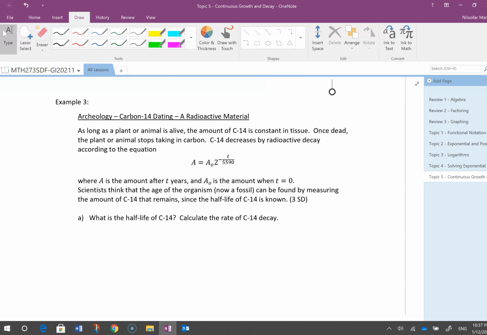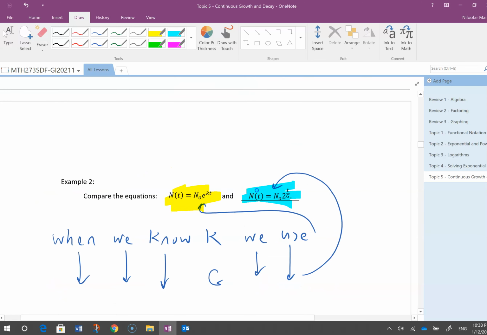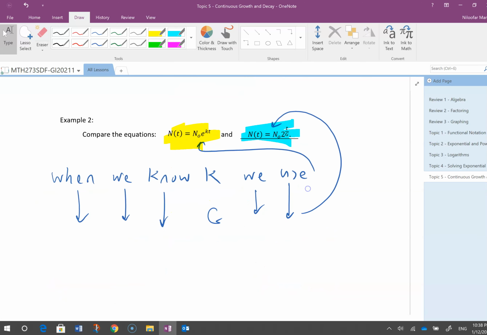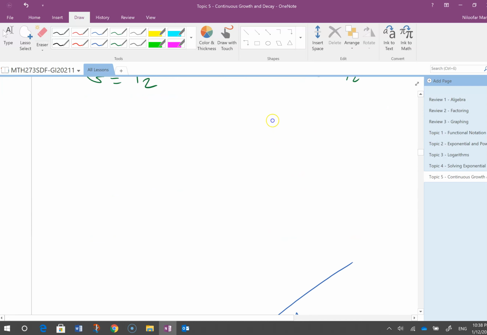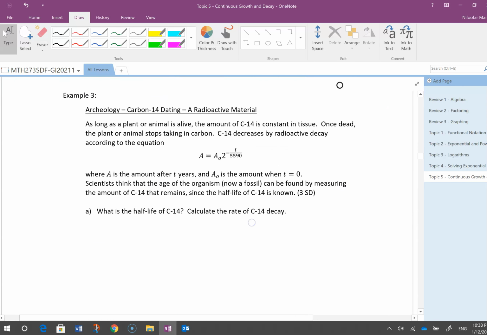If you compare the equation that you see here with what we already learned, we have half-life in the equation, the blue type that we see. When we compare, the half-life is 5590 if you check the formula.